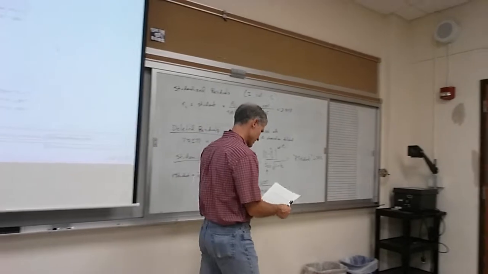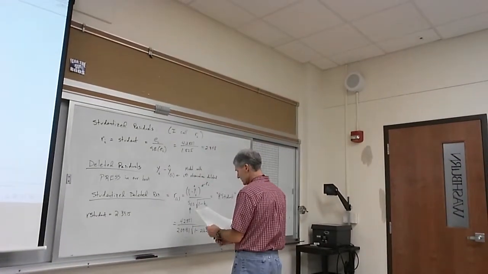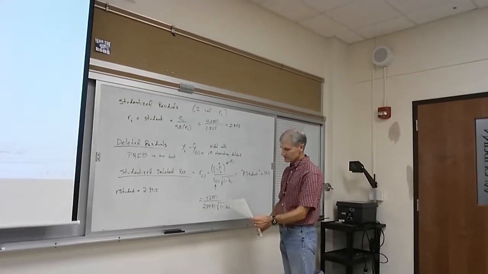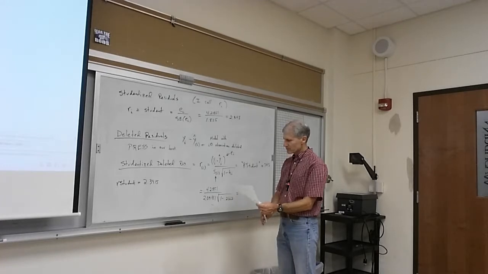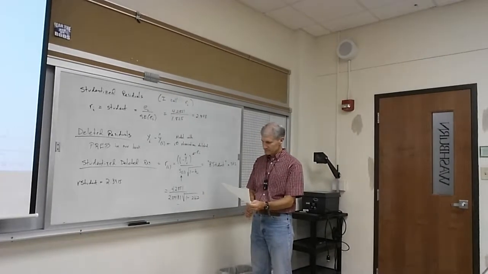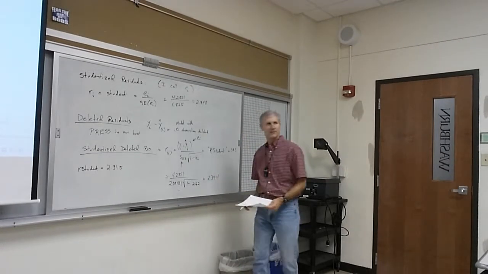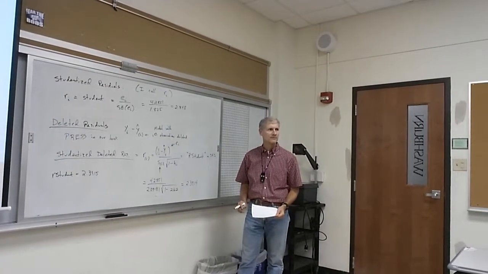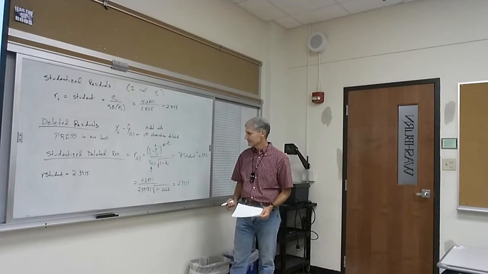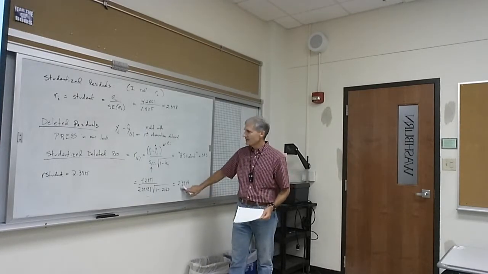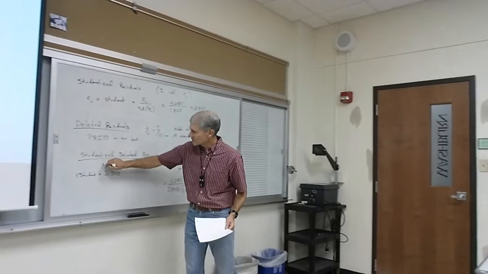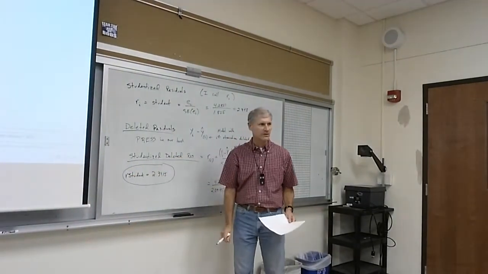So what value did you end up with? 2.792. That's not what I got in my notes. That's what I got. 2.3914. I forgot to take the square root, that's why. Okay, and that matches almost what SAS calls our student.